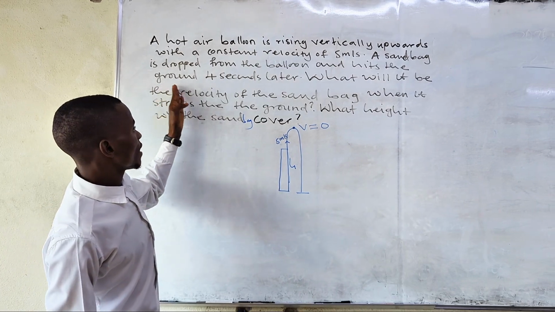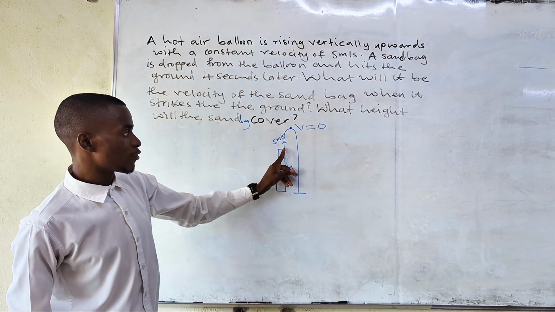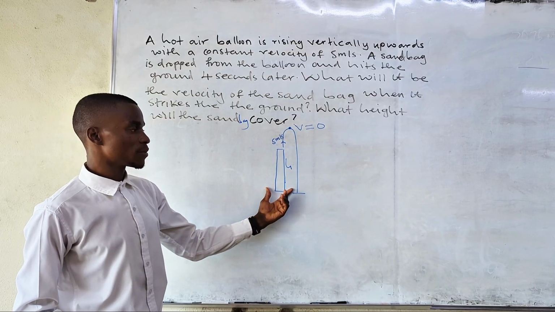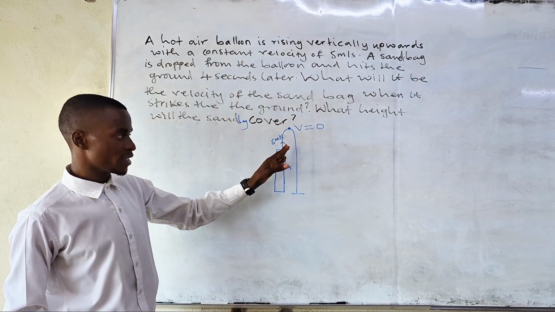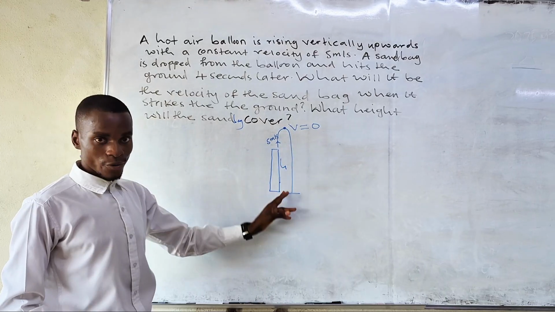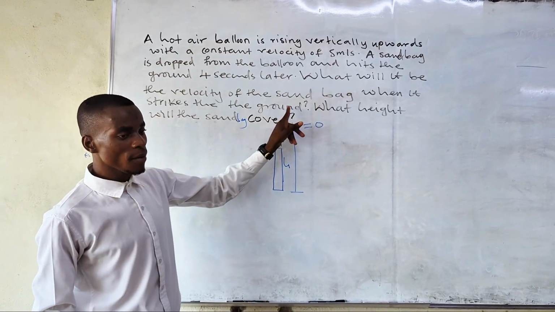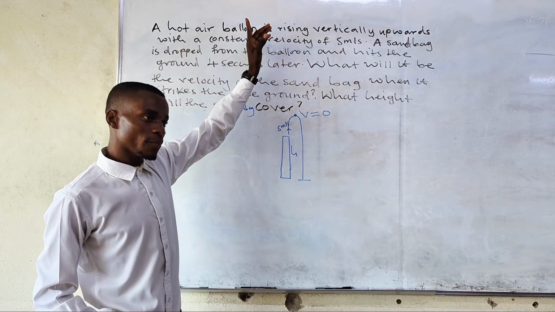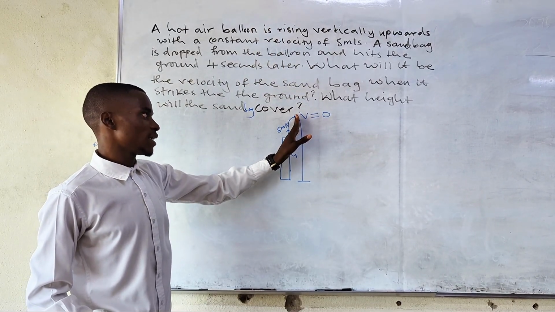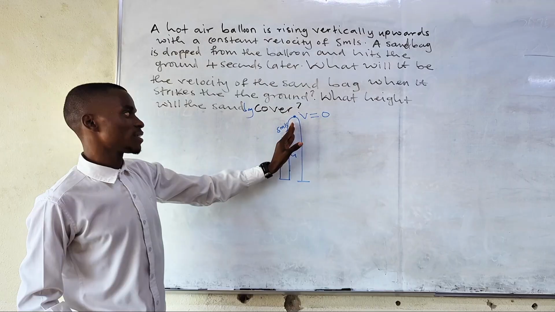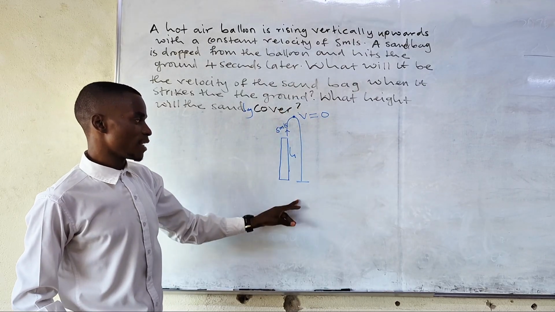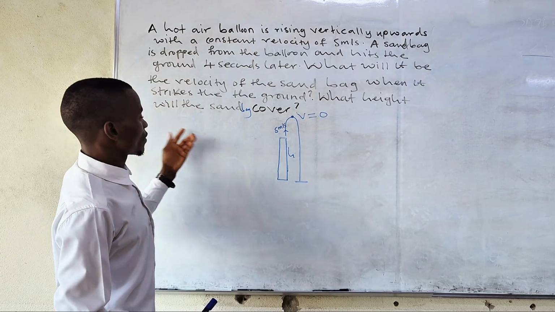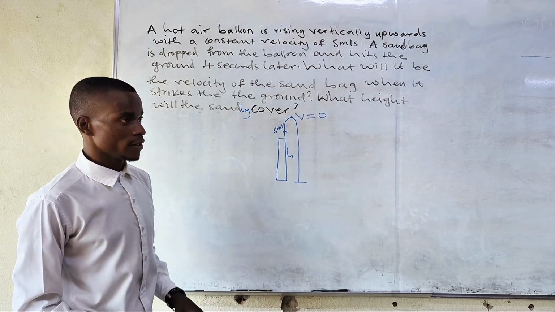They're saying it takes 4 seconds to move from the point of being thrown to the ground. If a balloon is moving upwards and drops an object, that object won't be dropped directly downwards. It will move up a bit first, because the balloon keeps moving upwards without stopping, but the sandbag itself will move up a bit, then drop, taking that same route.